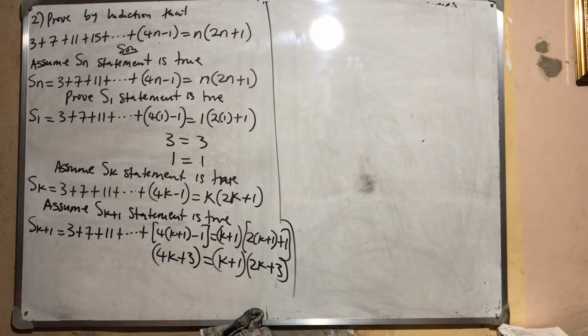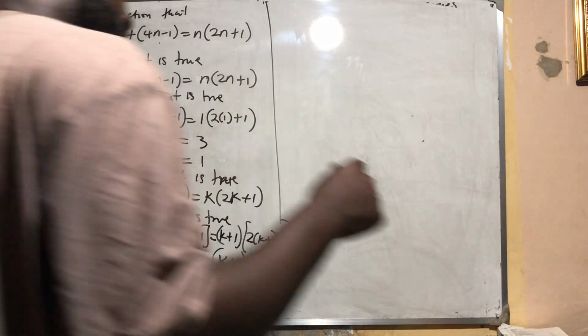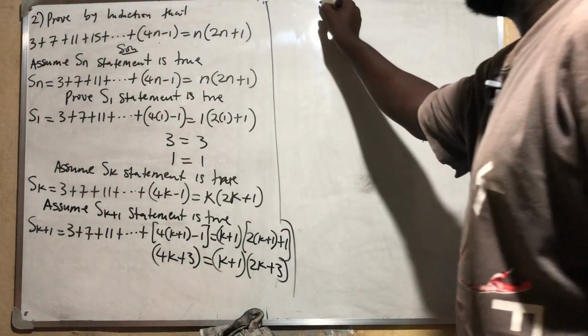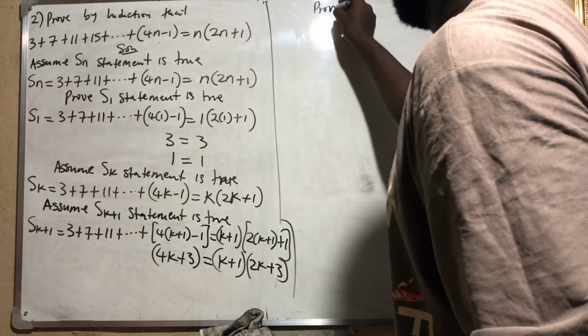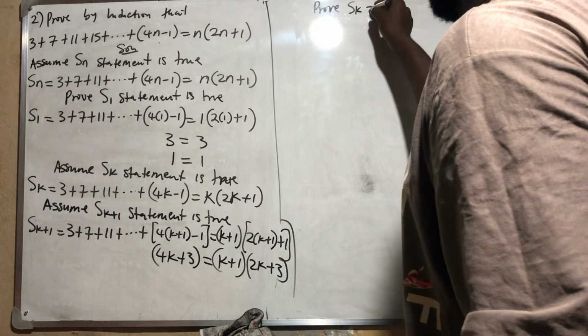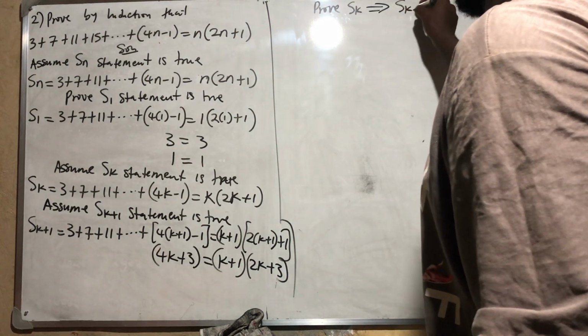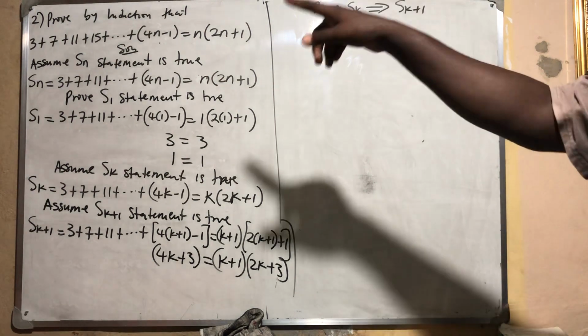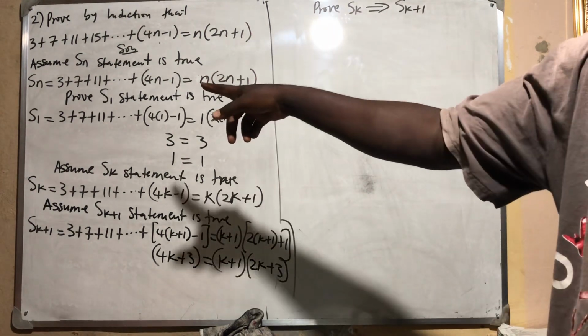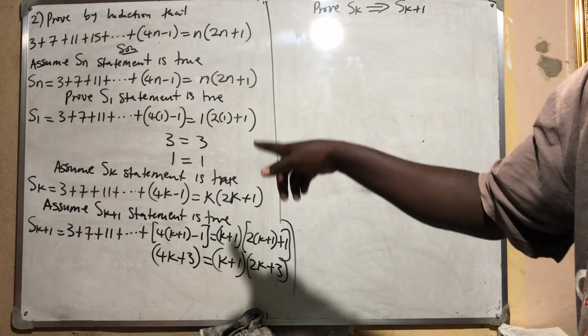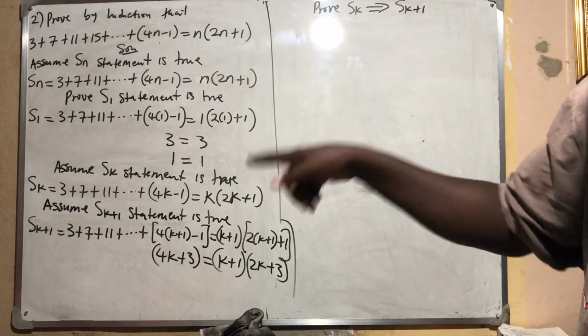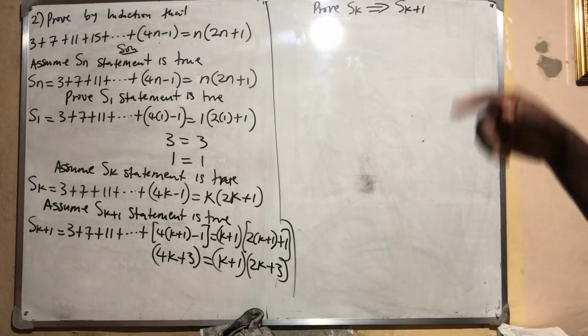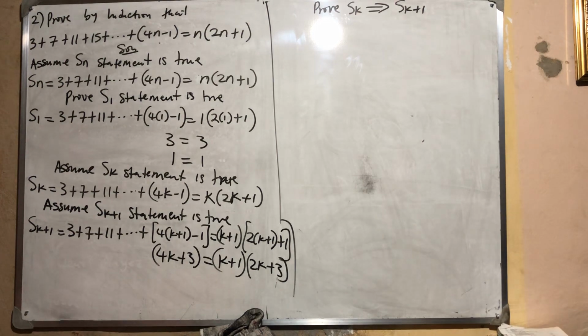All right. Then the last but not the least, which is the main thing, is for you to prove that Sk implies Sk plus 1. That is the main thing. Don't forget that the first one is what? Assume Sn. Prove S1. Assume Sk. Assume Sk plus 1. And the main one, which is number 5, is to prove that Sk implies Sk plus 1.